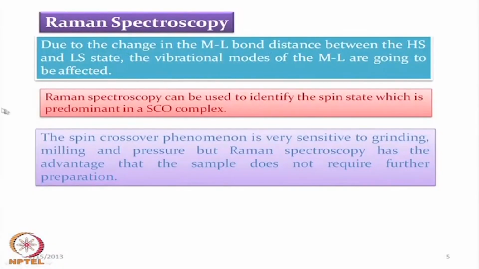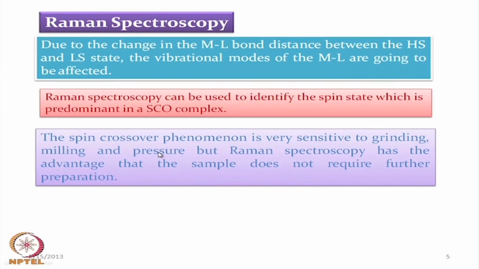As a result, we use only Raman spectroscopy, because there is no need for making the KBr pellet, since the spin crossover phenomenon is very sensitive to grinding, milling and pressure. So we grind it with KBr during FTIR measurement, then we go for the milling and the pressure.